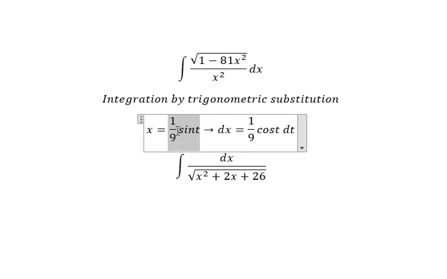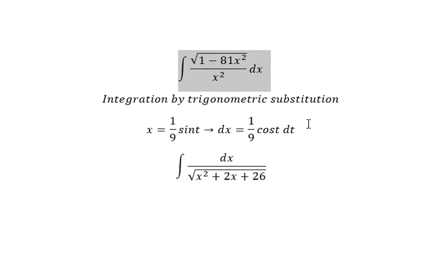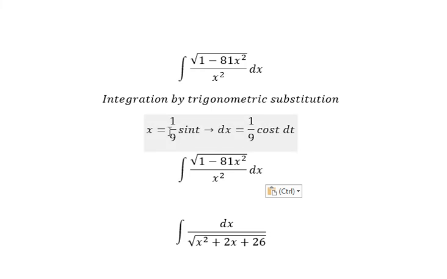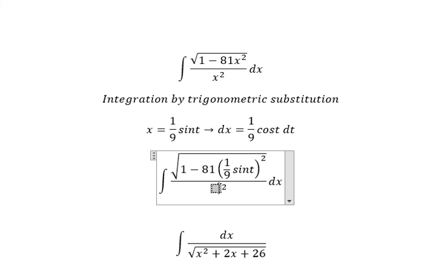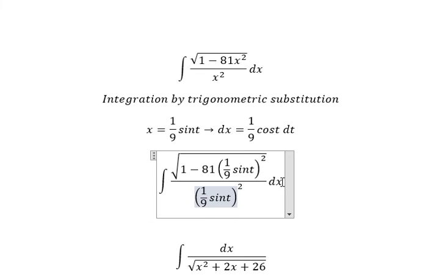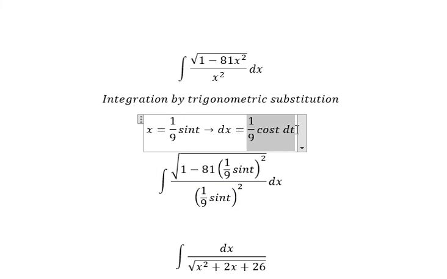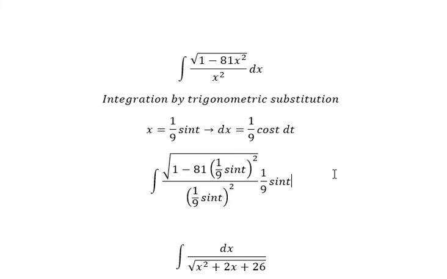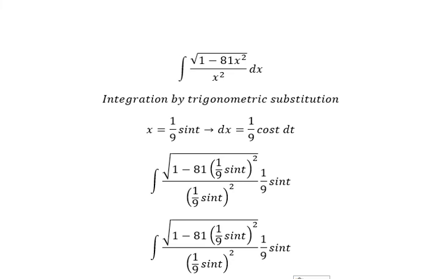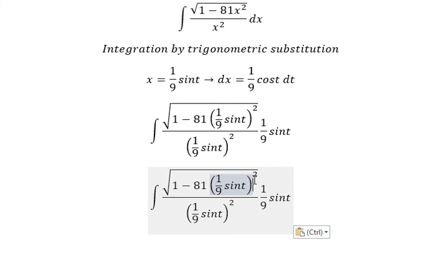After we do the first derivative of this one, I will put this one here and here. ds we change by this one. Now we need to expand this one.